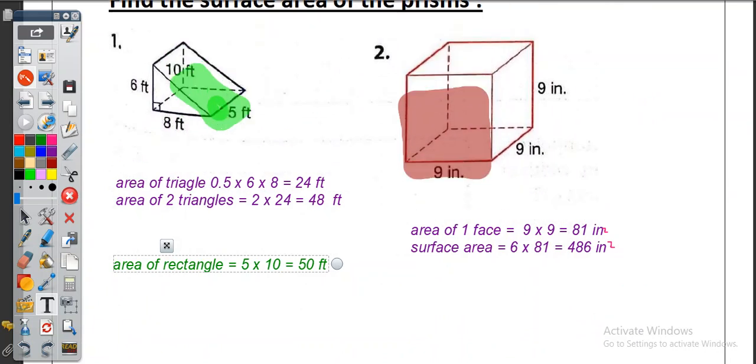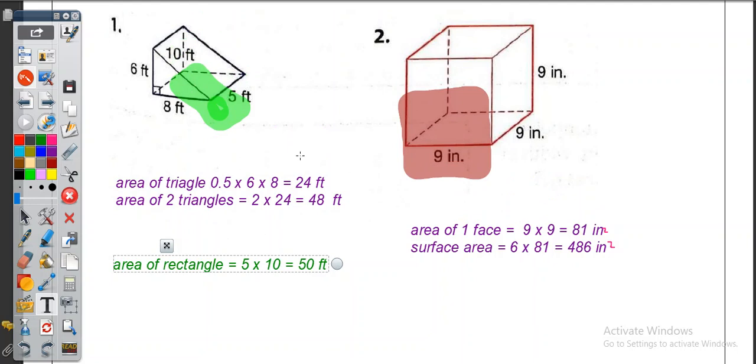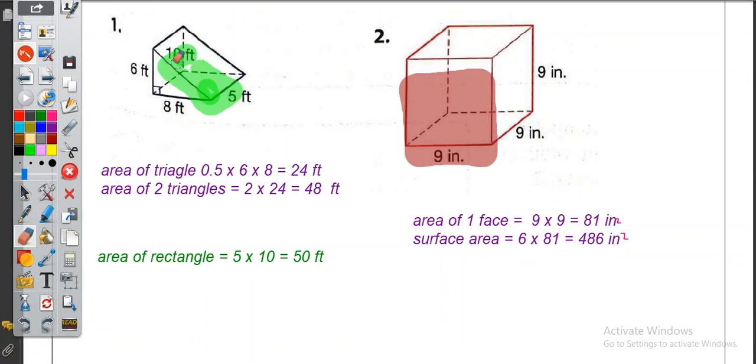Okay. Then finally, we still have, okay, we finished this one. Now what else do we have? Yes, we have this base here down. What are the dimensions of this base?